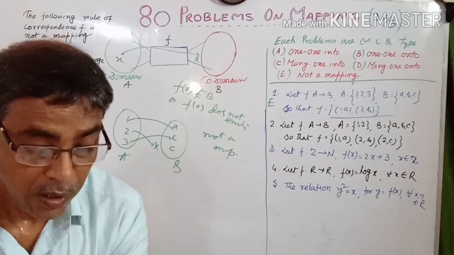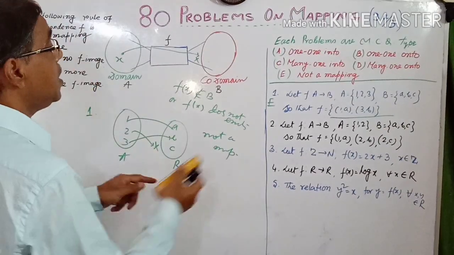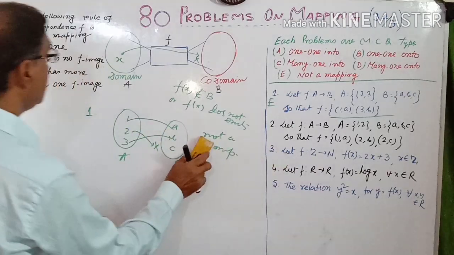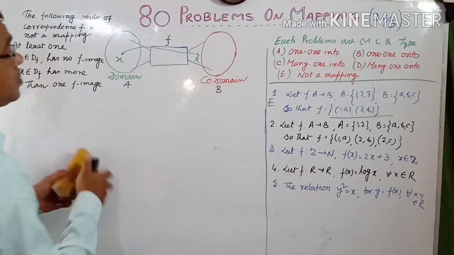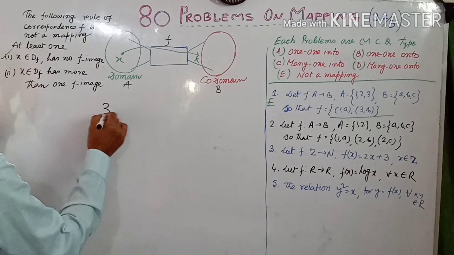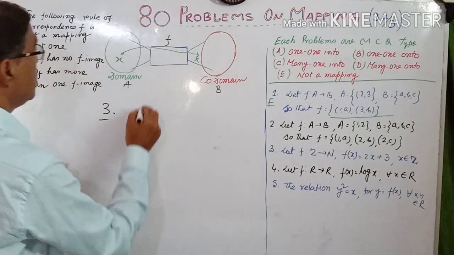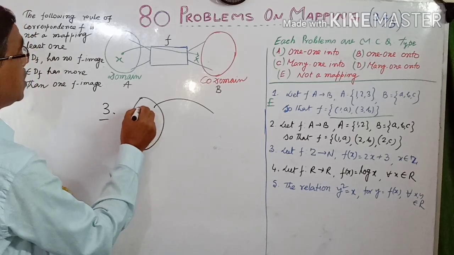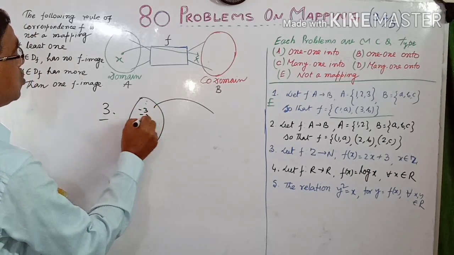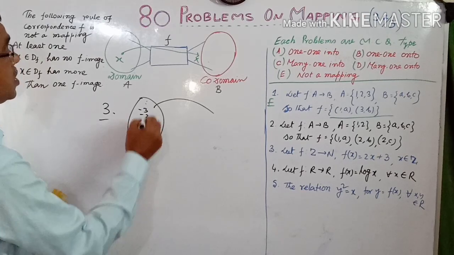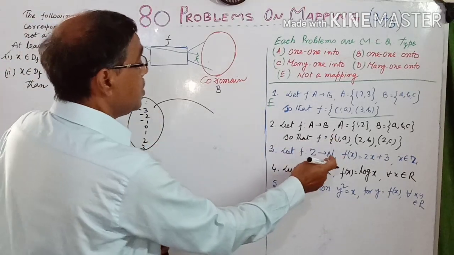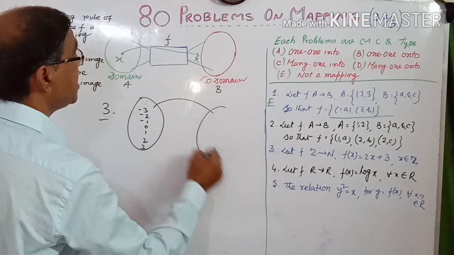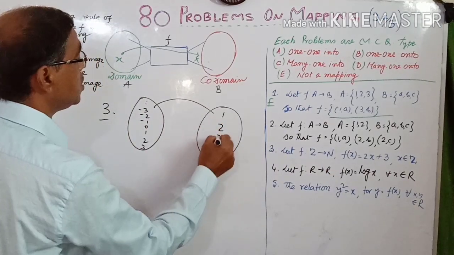Now let us come to the second problem. Now the third problem. At first I do the third problem. Given f from Z to N. Z means all the elements -3, -2, -1, 0, 1, 2, 3, the set of all integers, and the codomain is the set of natural numbers N, that is 1, 2, 3.